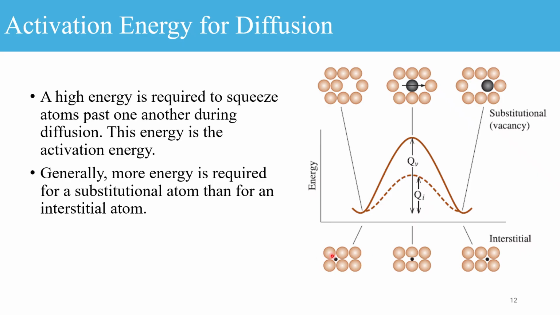That energy is referred to as activation energy, and usually more energy is required for an atom to substitute from one location to another, or vacancy diffusion, versus the case where a smaller atom moves faster past the bigger ones. So there is larger energy for substitutional diffusion, while smaller activation energy for interstitial diffusion.